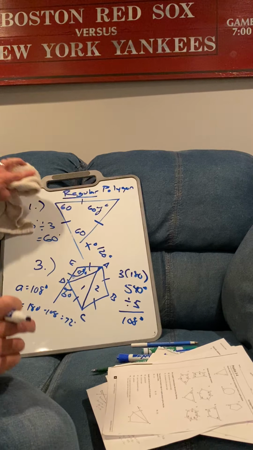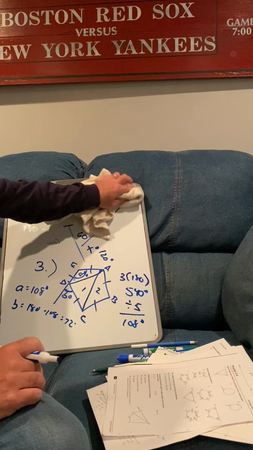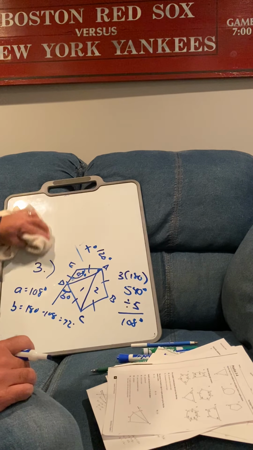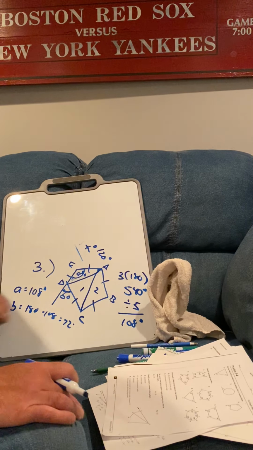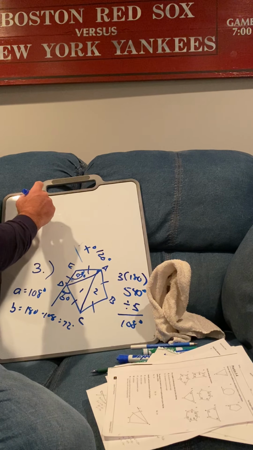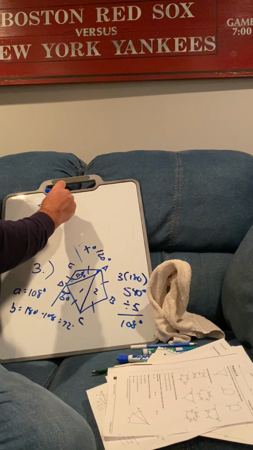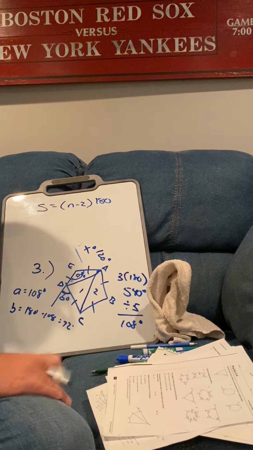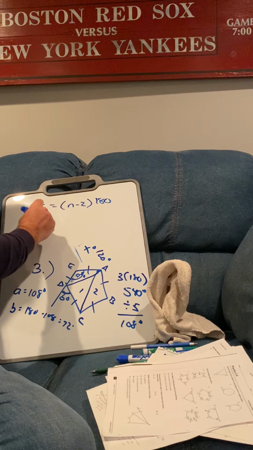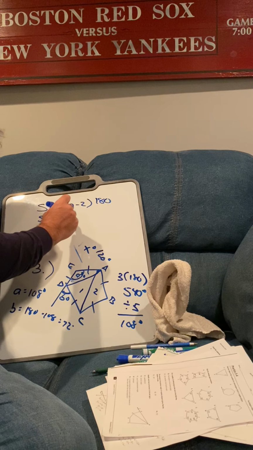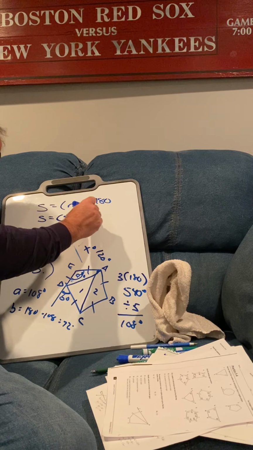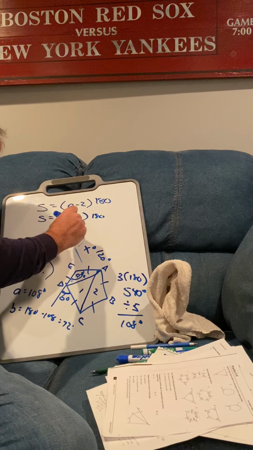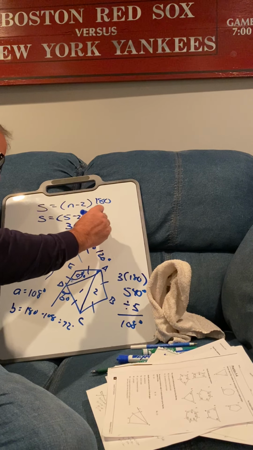The formula that we can use to find the angles in any polygon is S equals n minus 2 times 180. So if we go back to that pentagon, a pentagon has 5 sides. 5 minus 2 is 3, times 180.